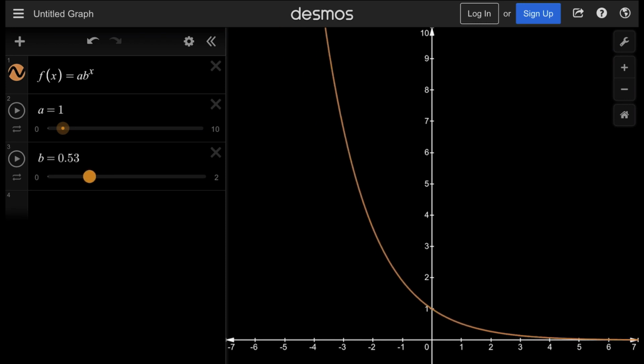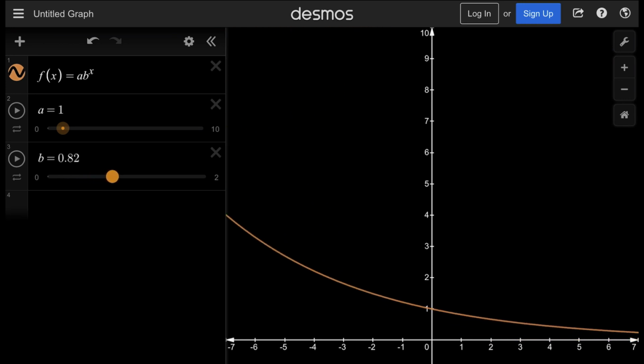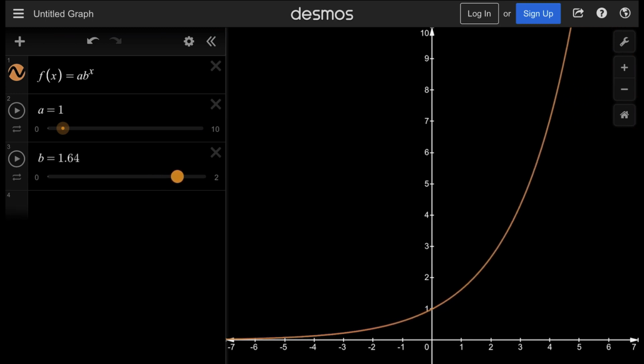Notice as it goes closer and closer to 0, you can see how the gradient is becoming steeper and steeper, but in the negative direction. Okay, it's going down, it's decreasing. This is called a decaying exponential function, whereas the previous one we had earlier was a growth exponential function.